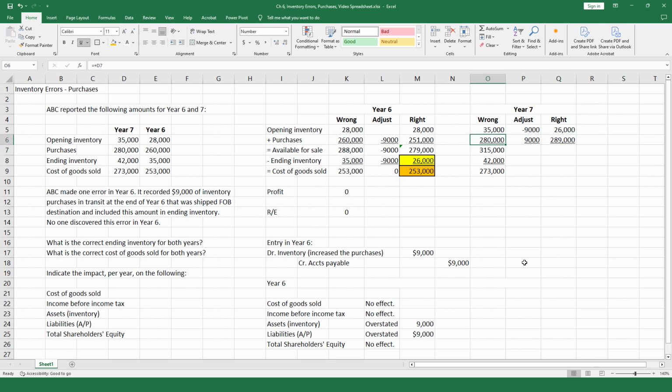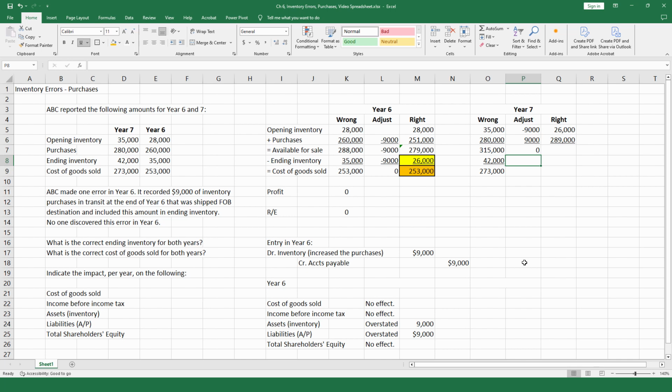Why is there an error in purchases in year 7? Because I have not included the $9,000 in the purchases from year 7, and that's where they belong. So I need to correct the year 7 purchases. Now, if I take my adjustment column, remember the formula is opening inventory, the adjustment is negative 9,000, plus purchases, the adjustment is positive 9,000.